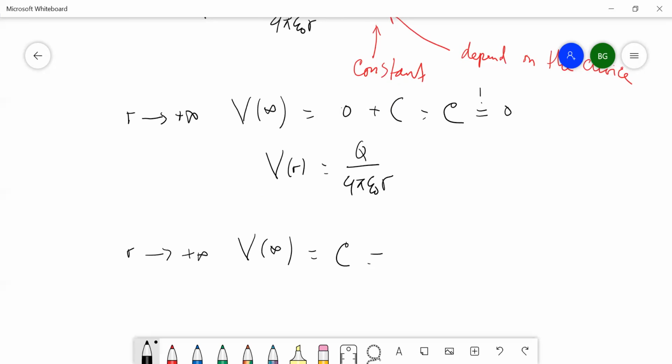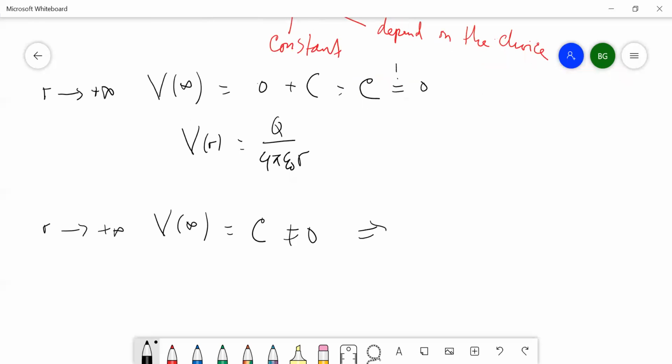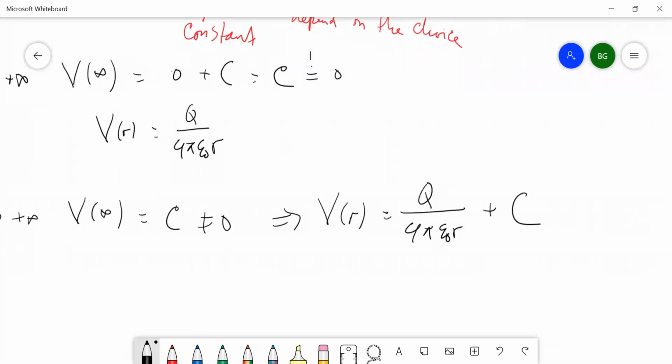Let's say C is non-zero, that's fine. It should be Q over 4 pi epsilon 0 R plus C, where C is equal to V at infinity. Okay, that's the example for point particle.